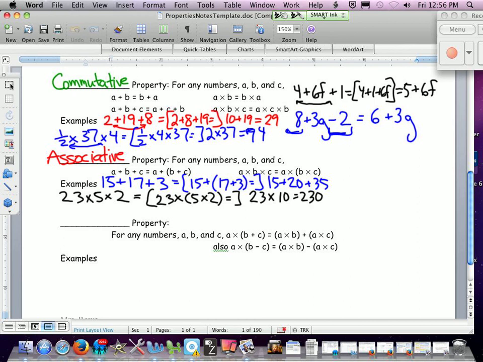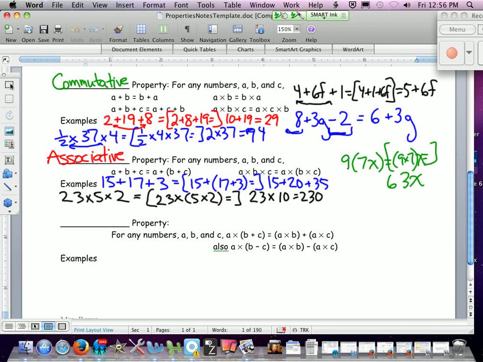And the most common associative property I've seen for algebra simplification is 9 times 7x, or something like that, where I have a number multiplying with a variable that has a coefficient. So instead I multiply the number and its coefficient. I do 9 times 7, and then times x. So you get 63x.